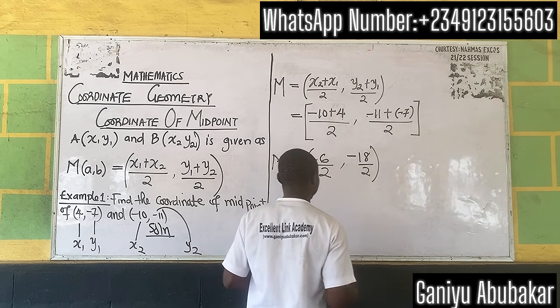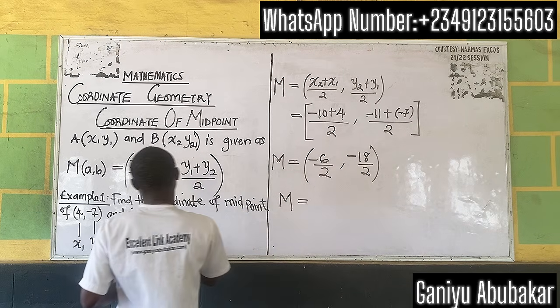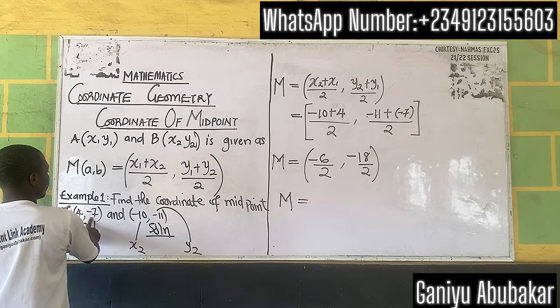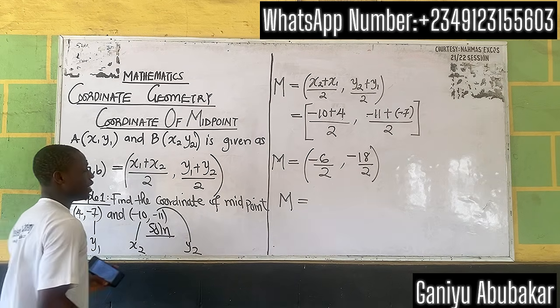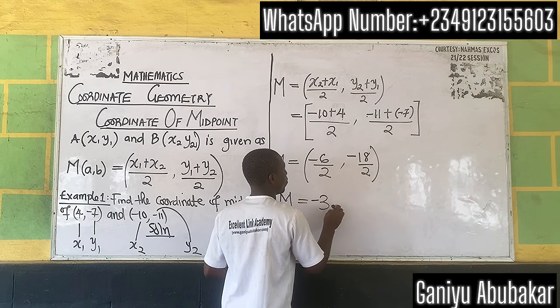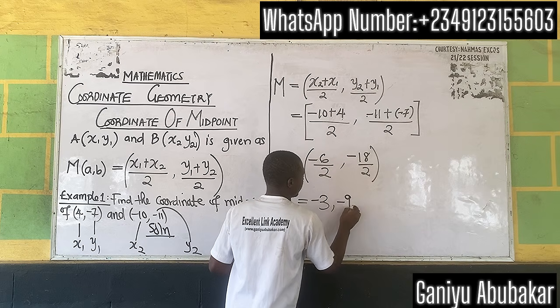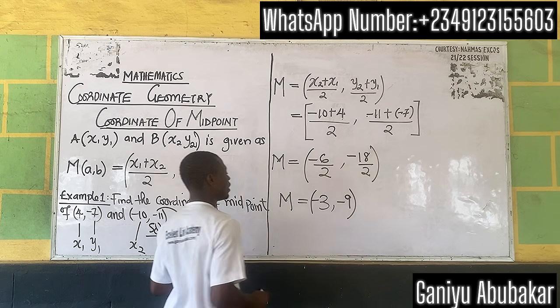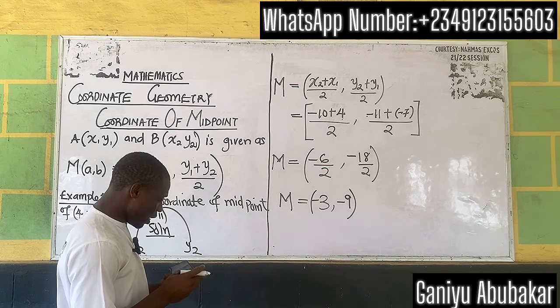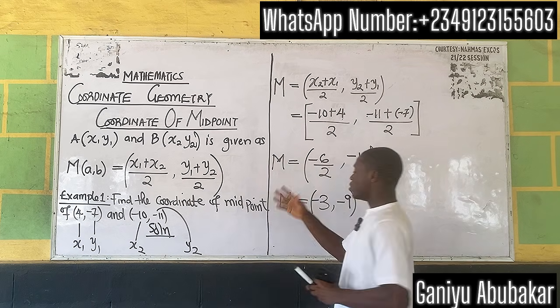All right, break this down. The midpoint of these coordinates 4 comma negative 7 and negative 10 comma negative 11 gives negative 3 comma negative 9. That's negative 3 comma negative 9. This becomes the midpoint of this coordinate.